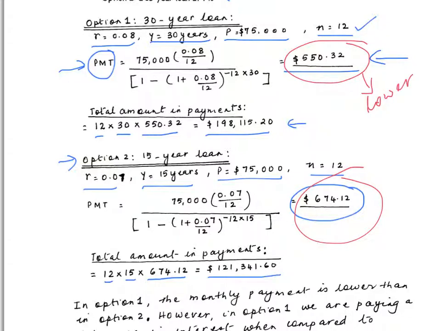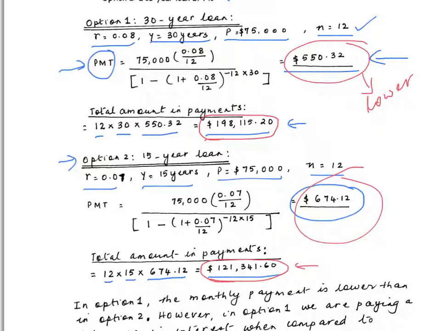But there is a price to pay for a lower monthly payment. Look at the total amount that we are going to return at the end of 30 years. It's going to be $198,115.20 as compared to $121,341.60.